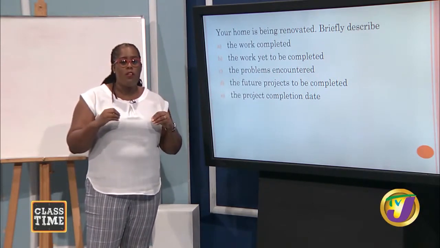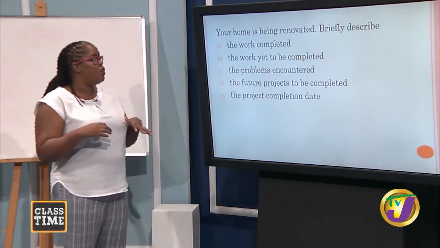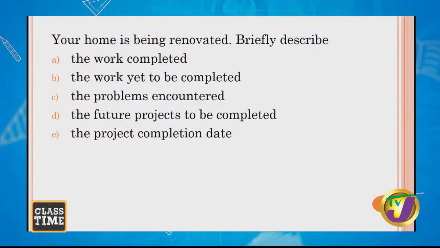The activity states that your home is being renovated. Briefly describe: A, the work completed; B, the work yet to be completed; C, the problems encountered; D, the future projects to be completed; and the project completion date.